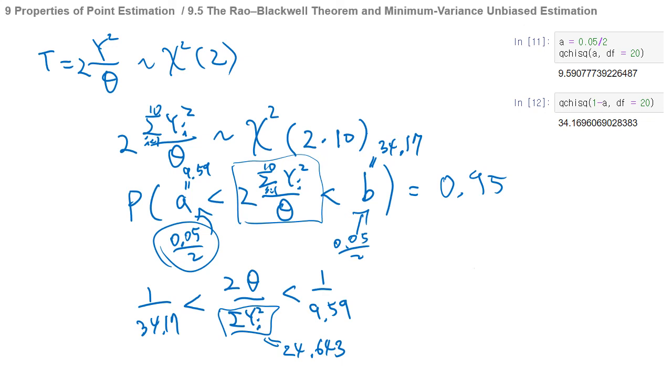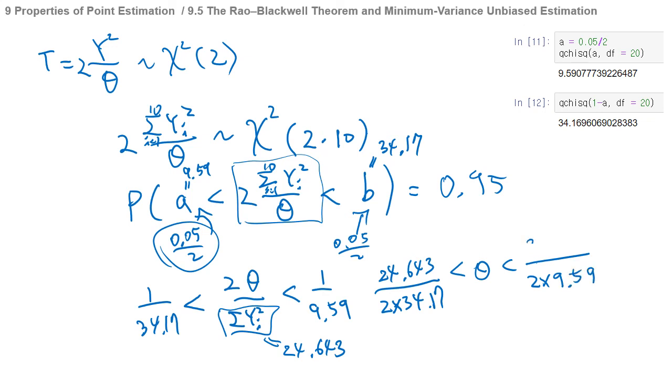So your confidence interval for theta is 24.643 over 2 times 34.17 less than theta less than 24.643 over 2 times 9.59.